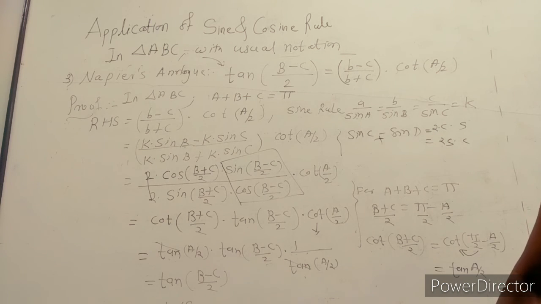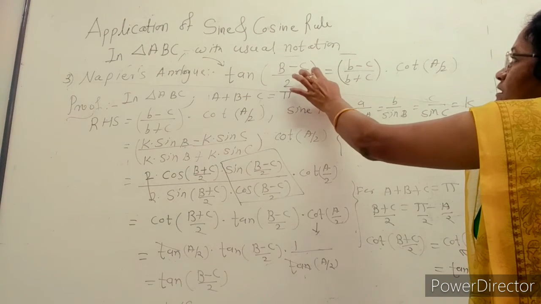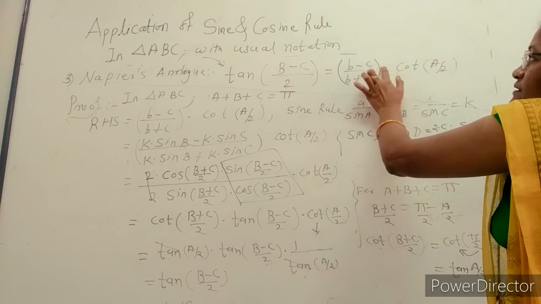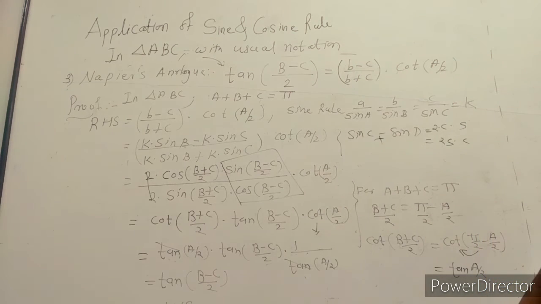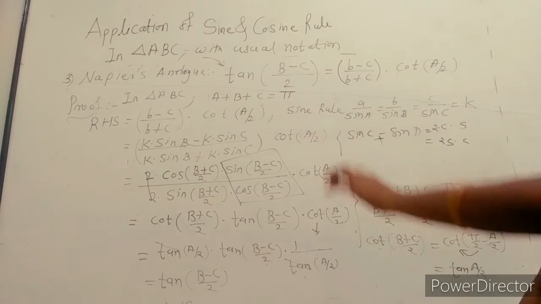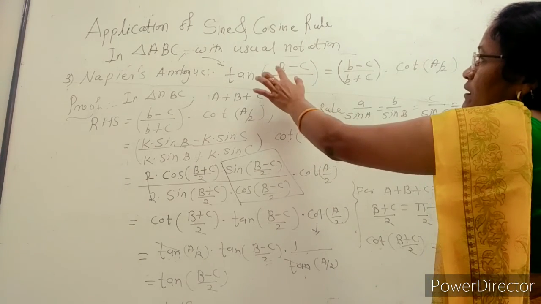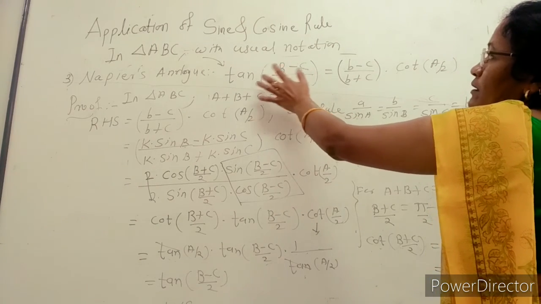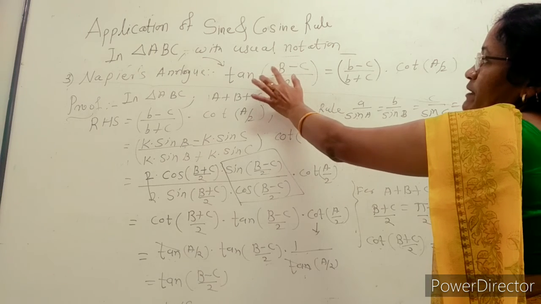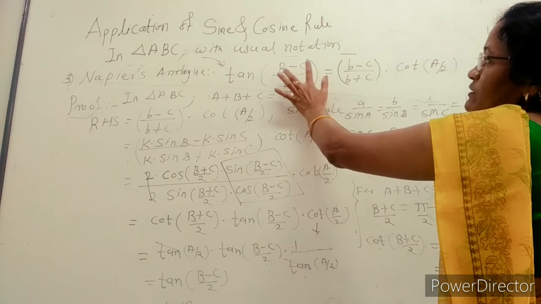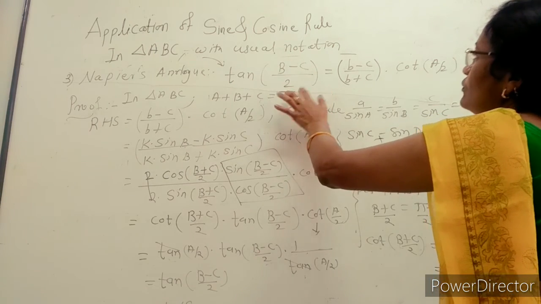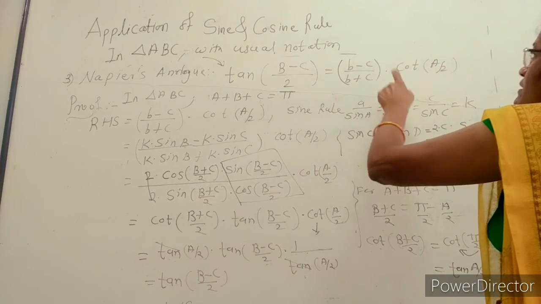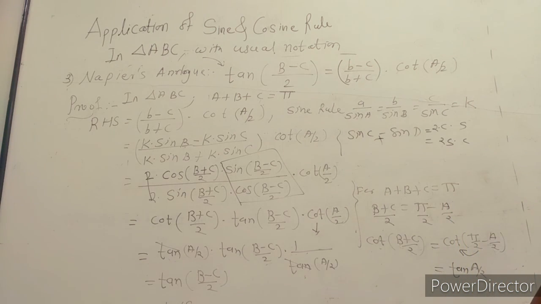In a similar manner, if we take the difference of A with C, we get (a minus c) upon (a plus c), and the remaining angle is B. By symmetry, we get (a minus b) upon (a plus b), and the remaining angle is C. So all three sides and angles can be used in Napier's analogies.